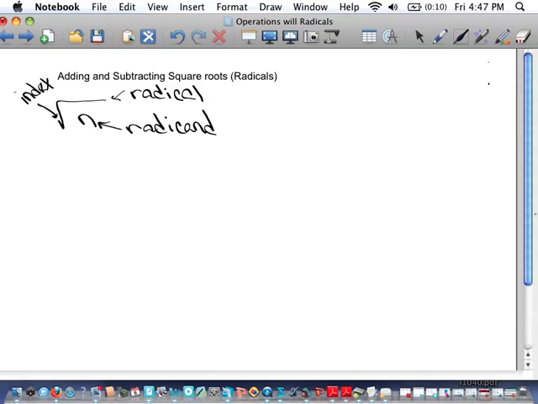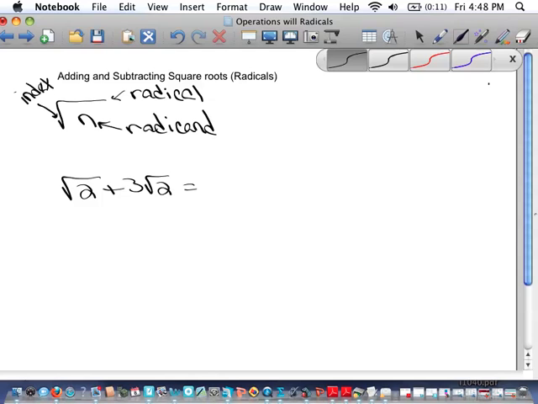And what's important when adding and subtracting radicals is that the radicands are the same. So the numbers under the radical, that radicand must be the same.